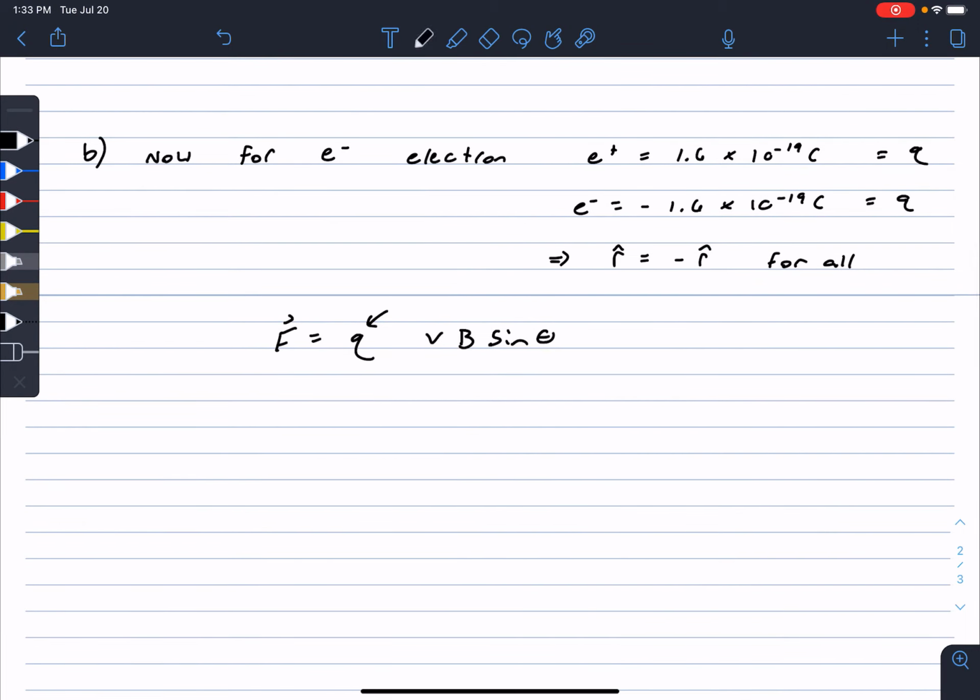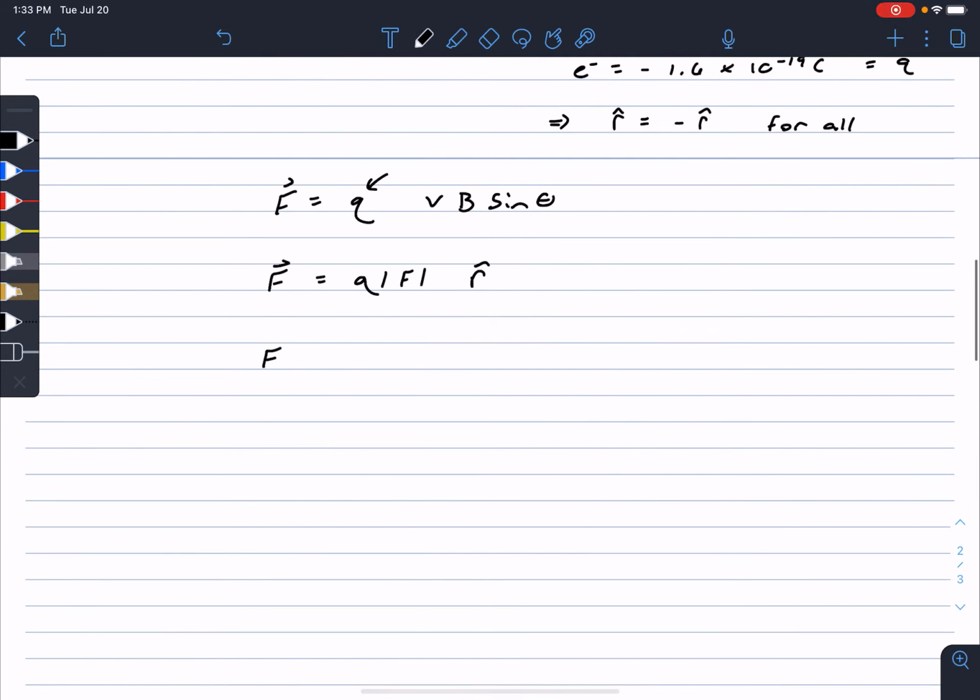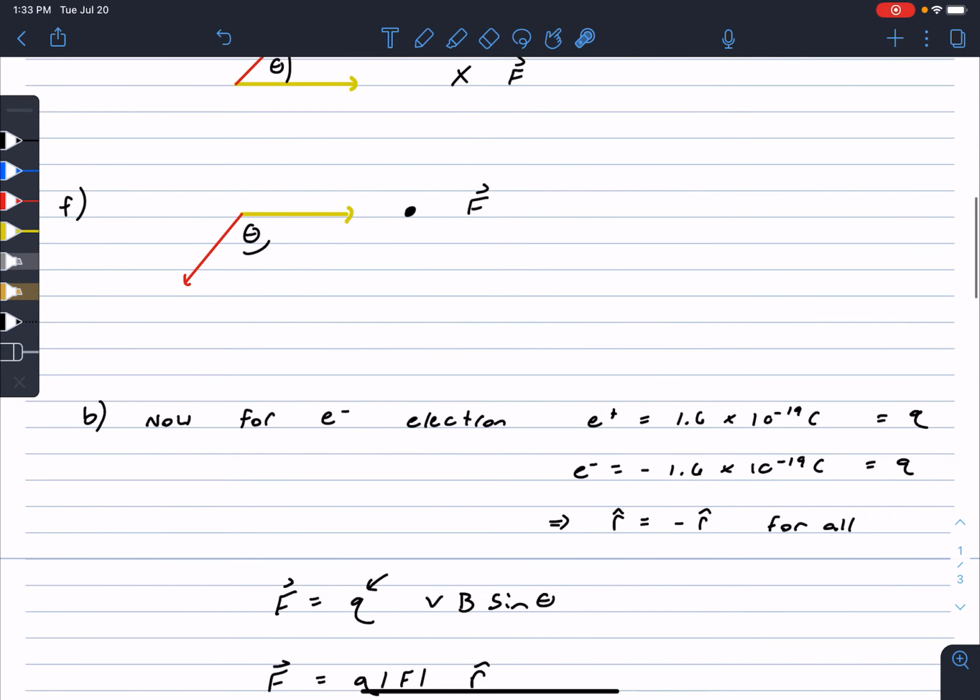So if this is the magnitude times some direction, r hat, times the charge, then for an electron, this is a negative charge times the magnitude times the direction, which indicates that it is exactly the same, but in the opposite direction. So the whole point that I'm trying to make is for an electron, it's going to be going the opposite direction for all of these.